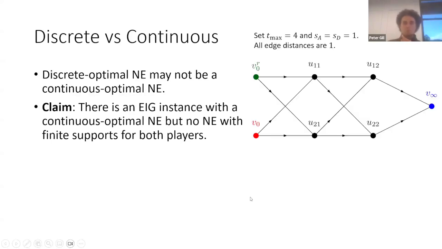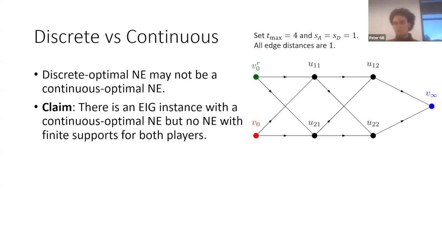And so we can come up with an example where this is explicit. In this example, we do have a continuous optimal Nash equilibrium, and it does have an infinite support for the attacker, but there is no finite support Nash equilibrium for both players in the continuous case.